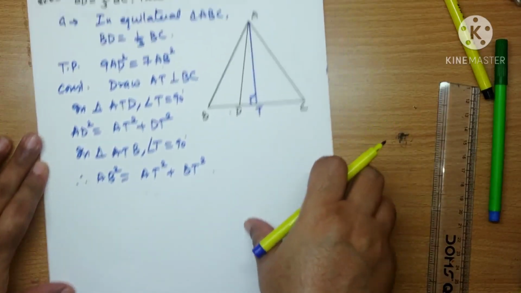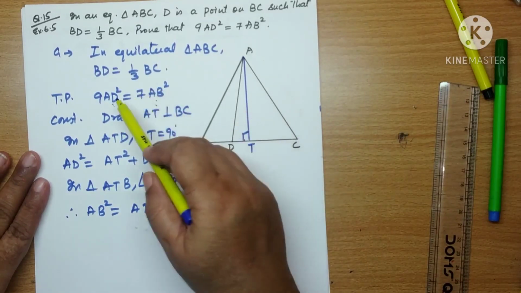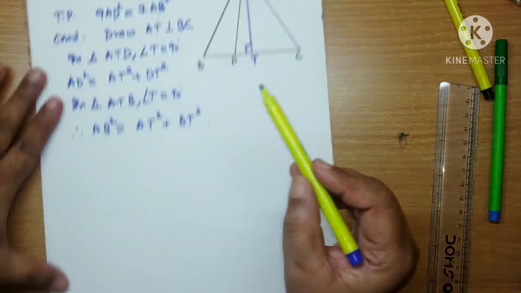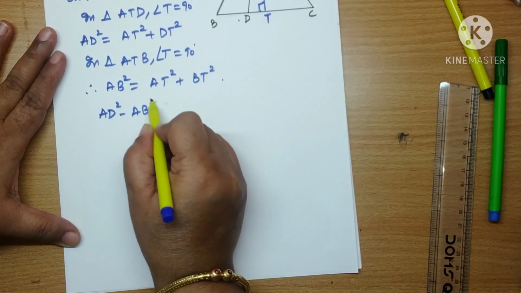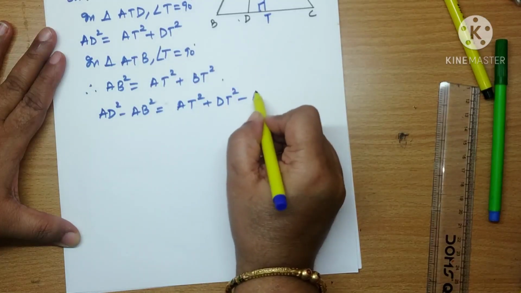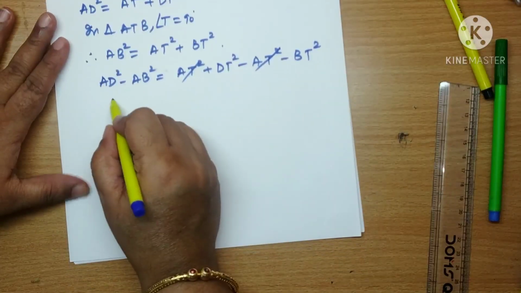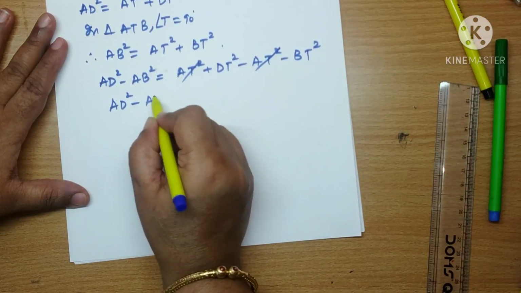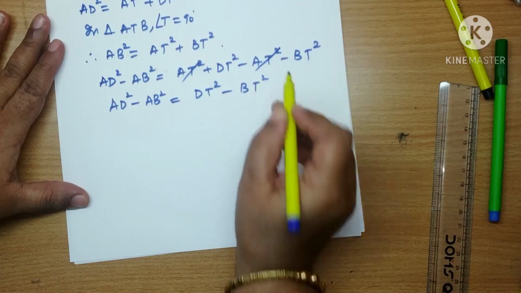Now in the relation that we need to prove, we have AD and AB. So AD square minus AB square, they are on the opposite sides. I get AT square plus DT square minus AT square minus BT square. So we get AD square minus AB square is equal to DT square minus BT square.